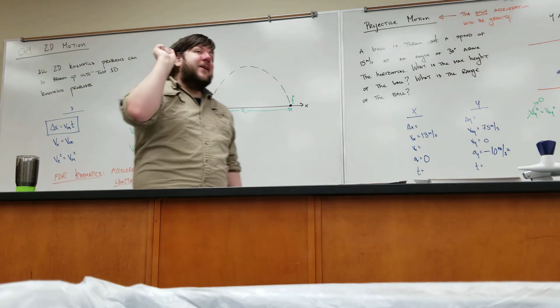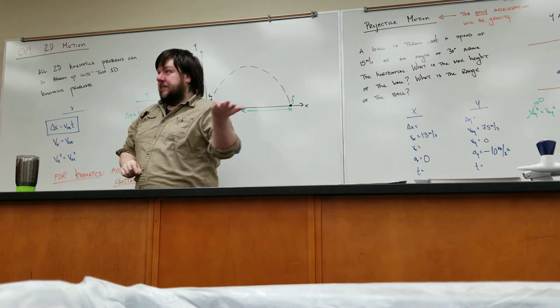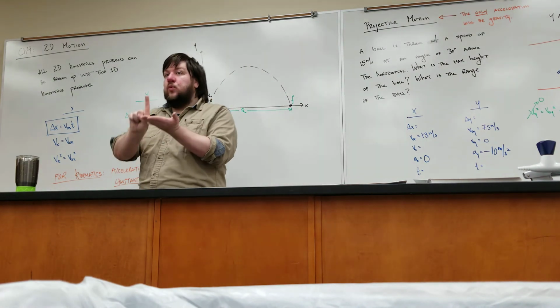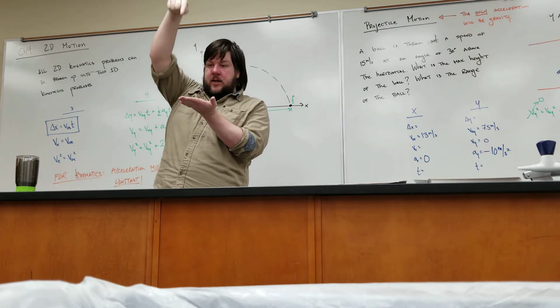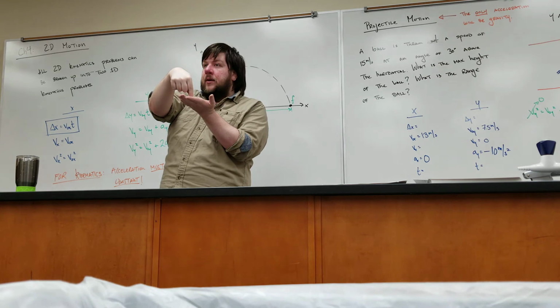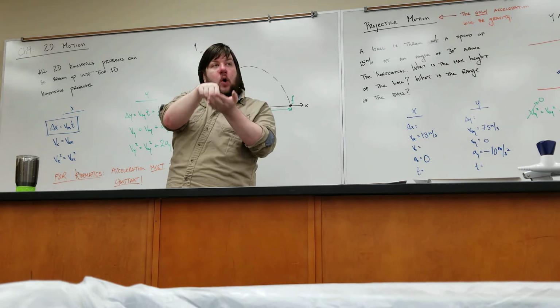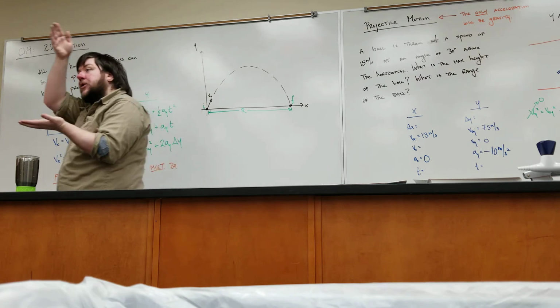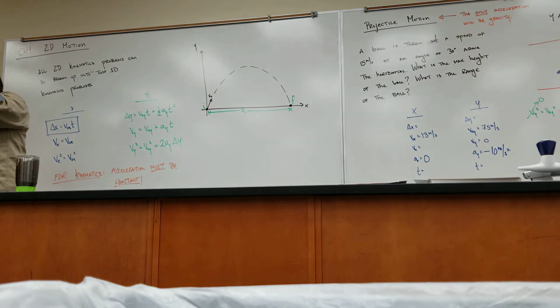However, there is an artificial barrier in the y direction, the ground. So the object will go up, but it'll only stay in the air until it hits the ground. So the time that the object is in the air for is always limited by the y direction. It's not limited by the x direction.